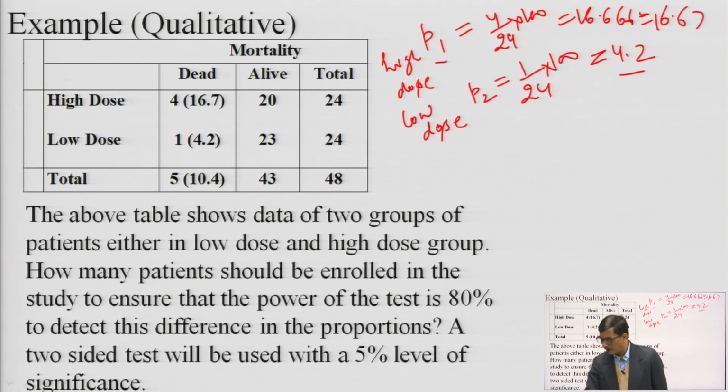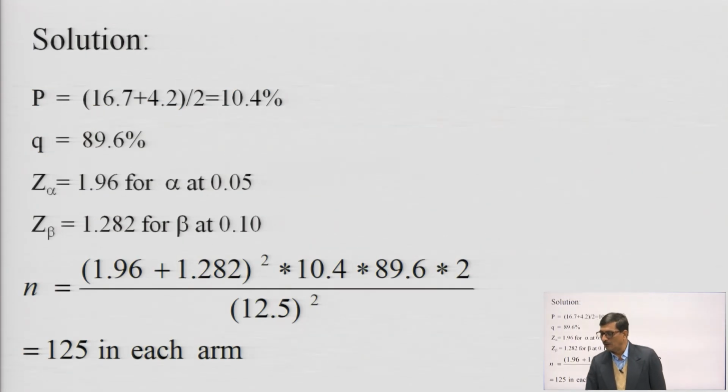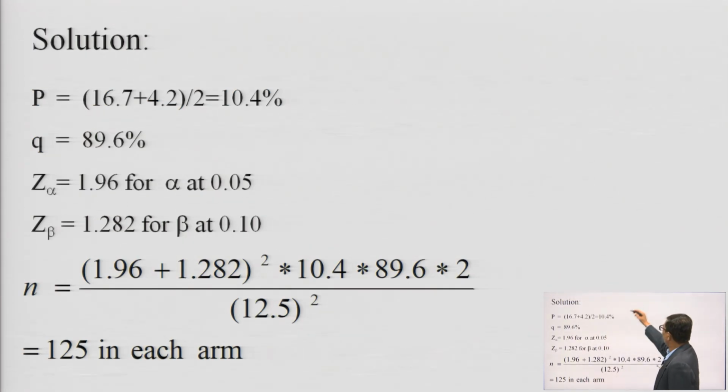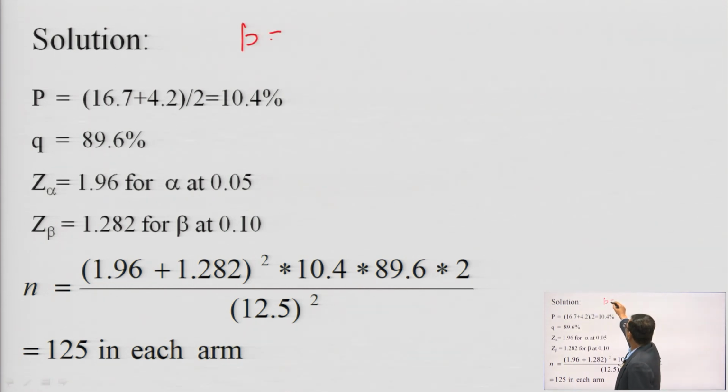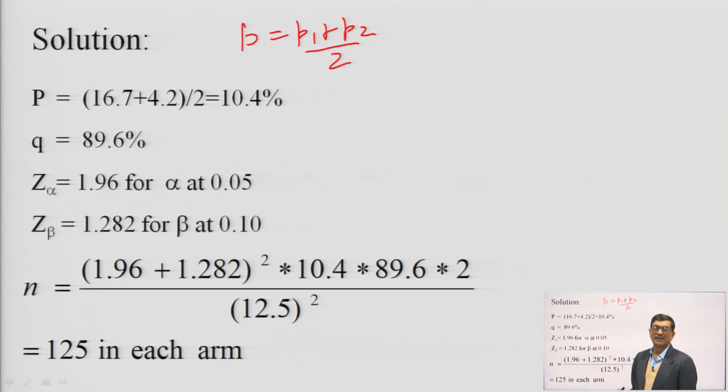Now, first we calculate the value of P. The value of P is equal to P1 plus P2 by 2, as I explained in the formula; P is the average of the two proportions. P1 we have already found as 16.7 and P2 is 4.2.